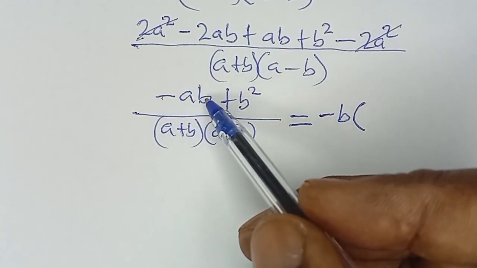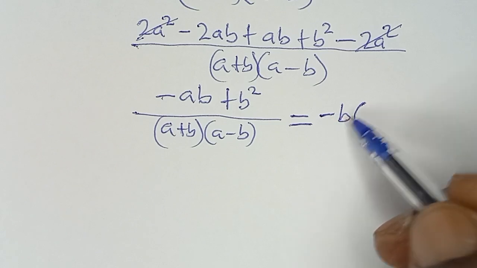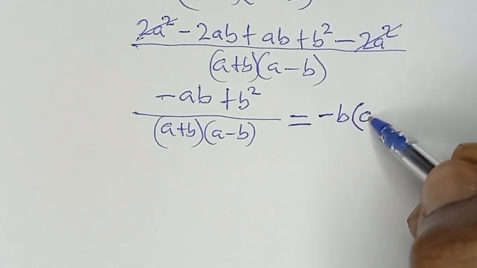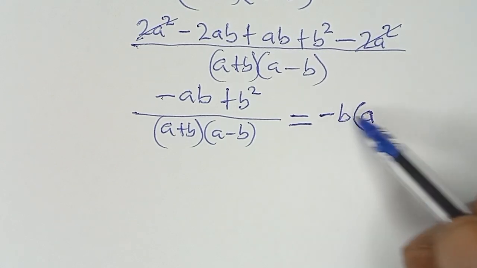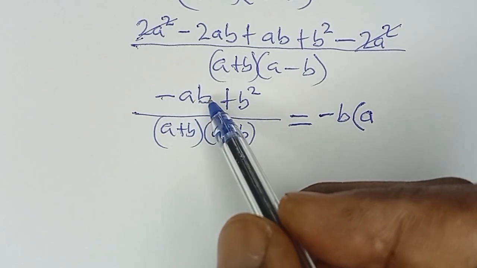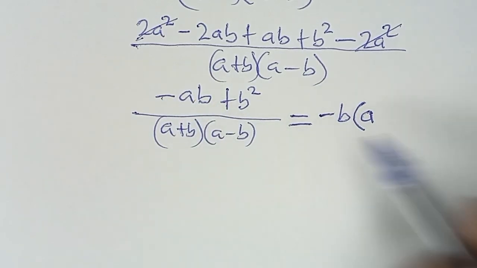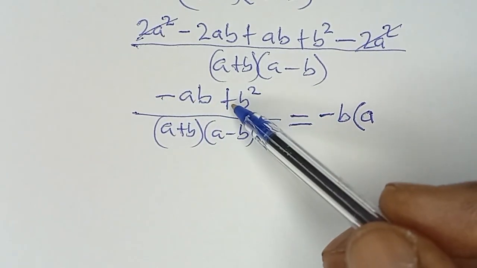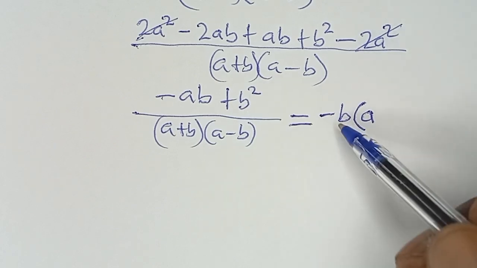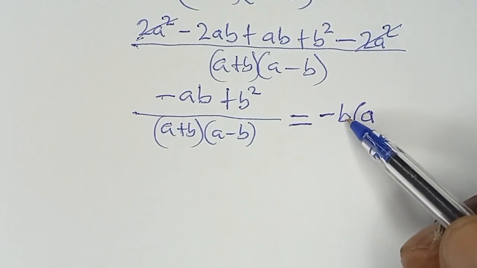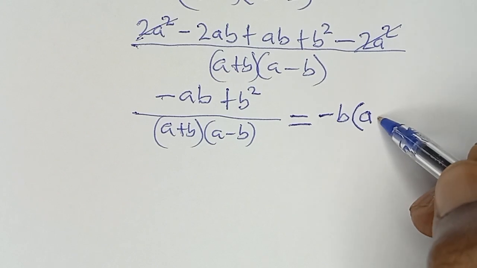So negative ab divided by negative b, I'll be left with just a, so that when I expand this, it's going to take me back to negative ab. And then positive b square divided by negative b, I'll be left with negative b.